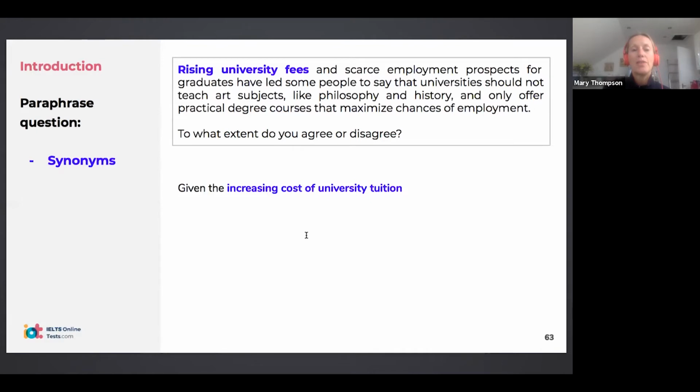So given the increasing cost of net graduates, how could you rephrase this? Another word for scarce.